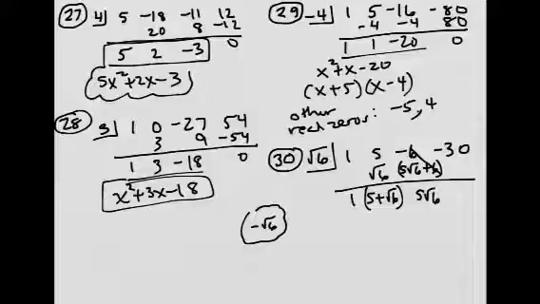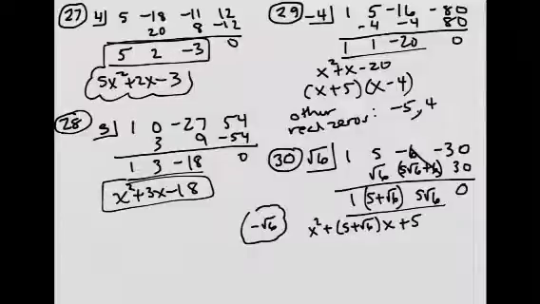And 5 radical 6 times radical 6 is 30, because it's 5 times 6. And so you get 0. So these numbers here mean that it's x squared plus 5 plus radical 6 x plus 5 radical 6.